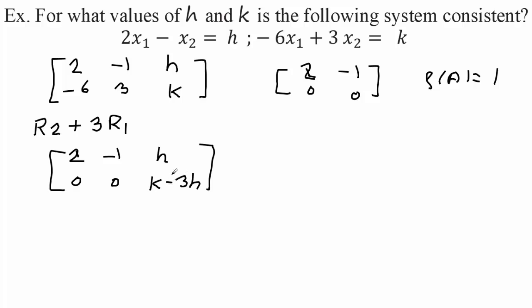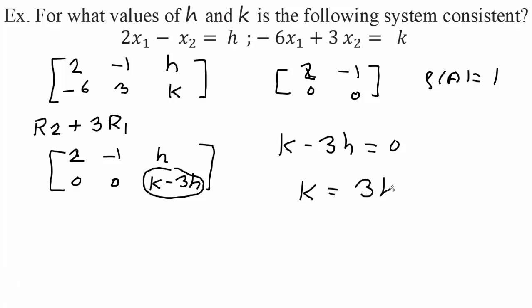It is 1 if this element is 0, and 2 if this element is non-zero. But as the system is consistent, the rank of AB must be 1. For that purpose, this k minus 3h must be 0. That means k equal to 3h. For these values, the system is consistent.